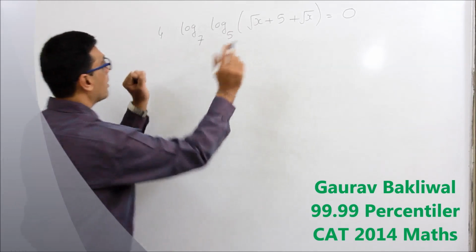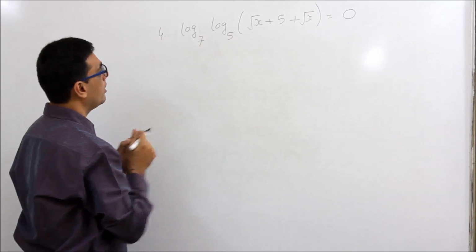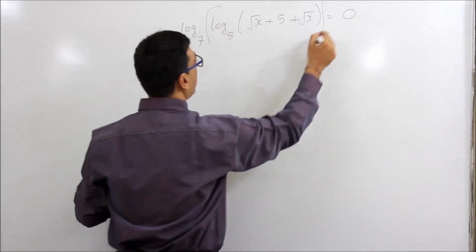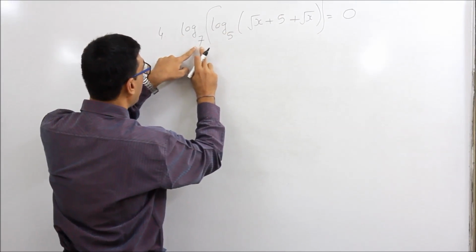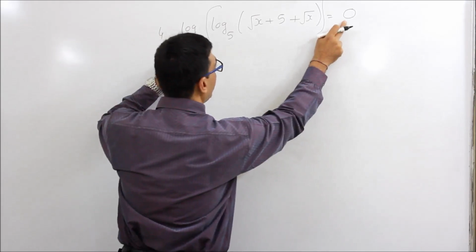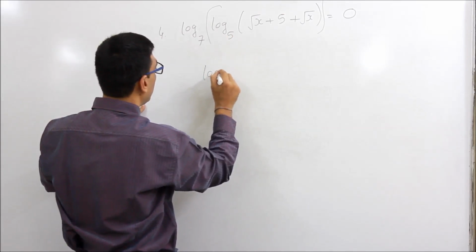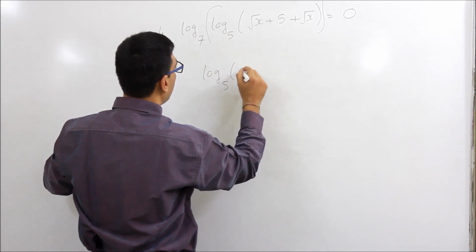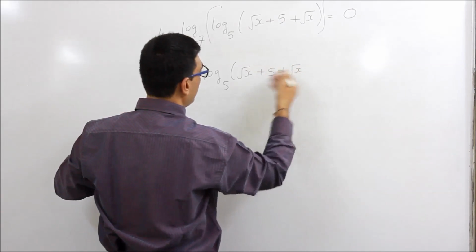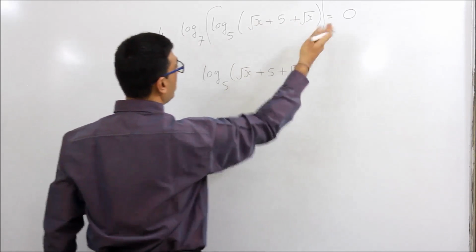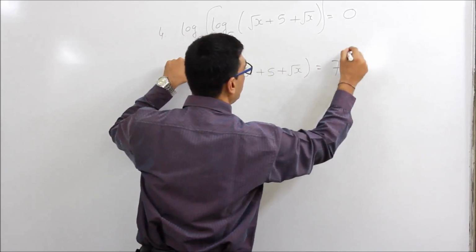So again, if you recall the basic definition of log, this is basically in brackets. So I can transfer this 7, the log to the base 7, and raise 0. This part stays as it is: log 5 of root x plus 5 plus root x, which is same as 2 root x plus 5, but I don't know why CAT people gave it like this, is equal to 7 raised to 0.